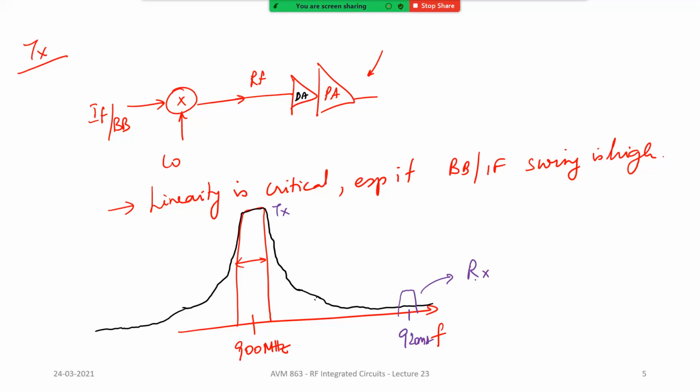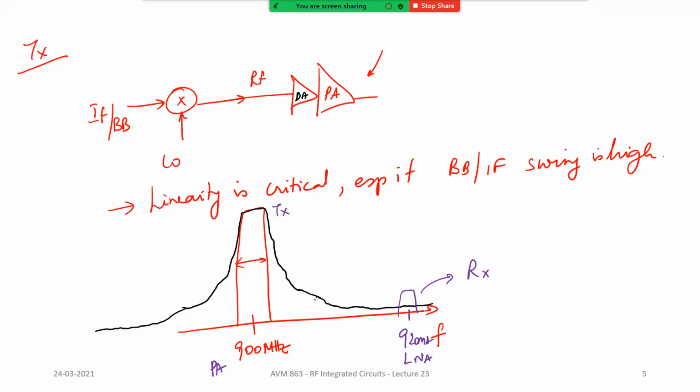Let's say your PA is working here and your LNA is working here. All right. But what happens is the noise that the PA is throwing at this 920 megahertz increases the noise floor of your receiver. There is noise which is getting dumped on top of your receiver, right?